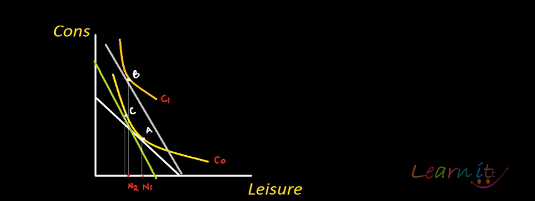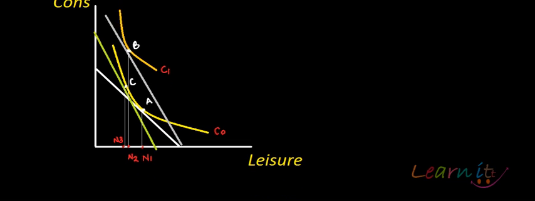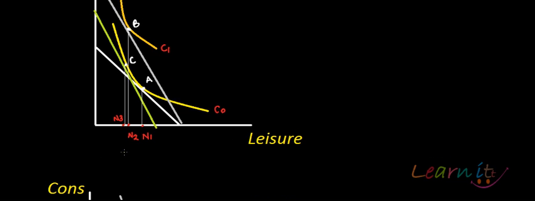So you move to point C. And let's say this point is N3 here. Now the movement from point N1 to point N3, this entire movement is the substitution effect. While the movement from N3 to N2, that is from point C to point B, is the income effect.